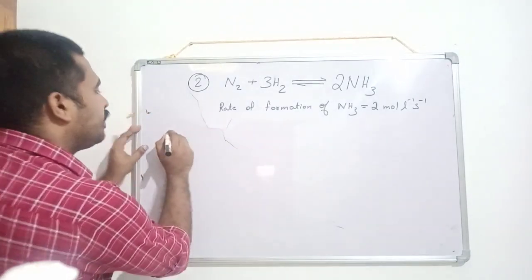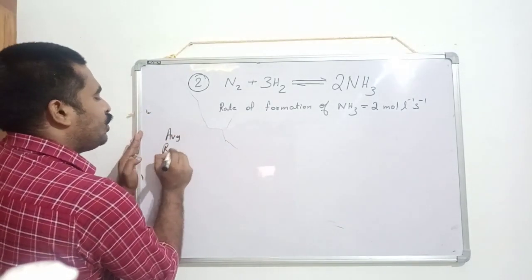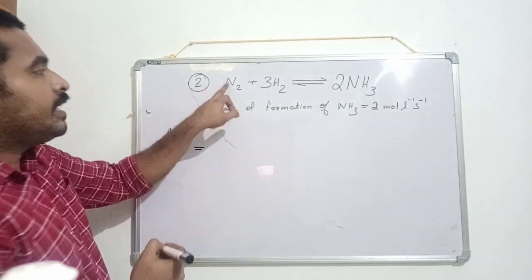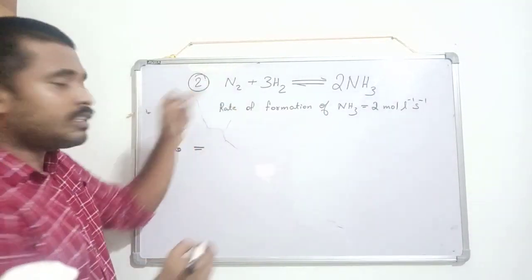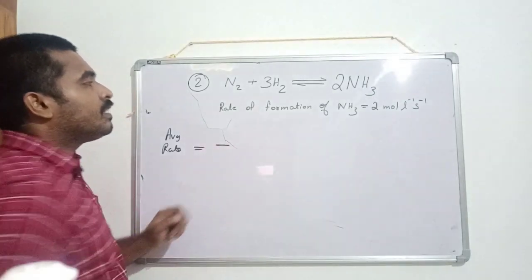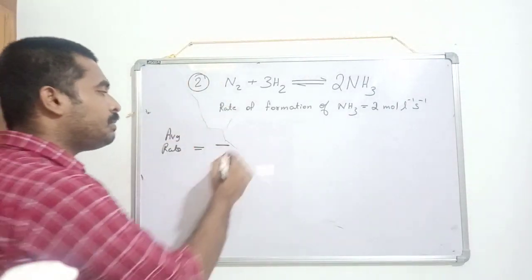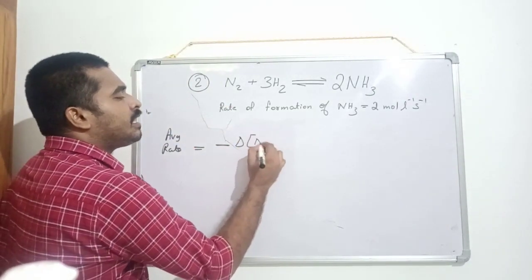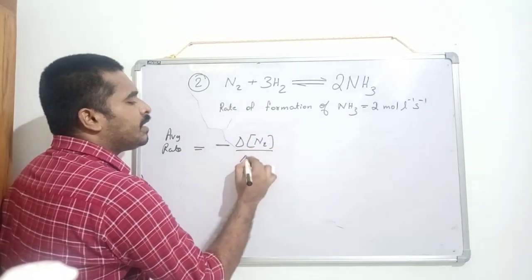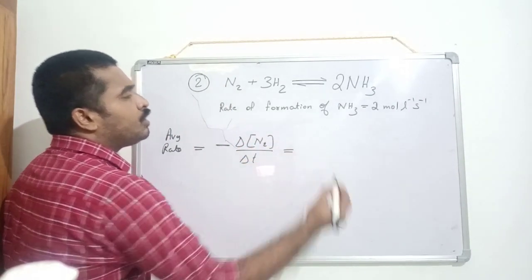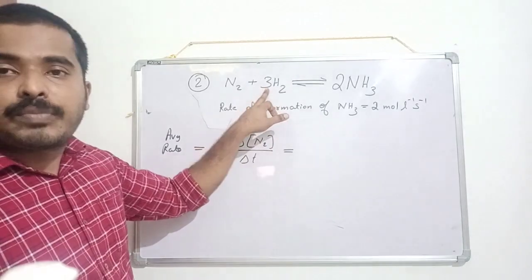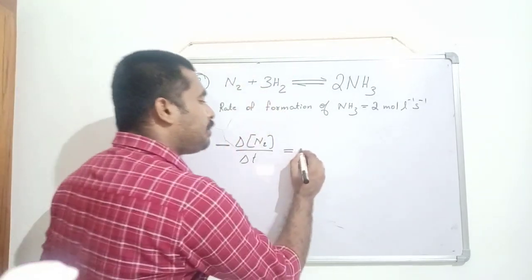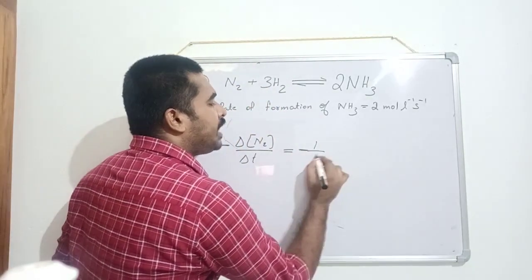Once again, average rate equal to, here it is nitrogen, it is a reactant, so minus, there is no coefficient here, so simply writing minus delta concentration of N2 by delta T equal to, here it is also reactant, so we need minus 1 by 3.